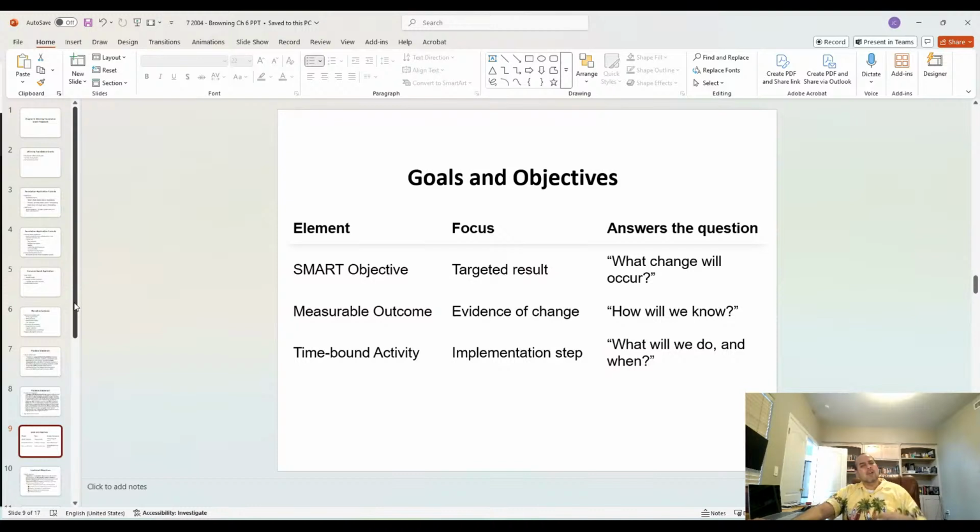You don't have to be a prolific researcher, but you should be able to use a survey, either one that's already constructed or create a short survey that is a pre and post, and be able to measure some outcomes. Okay, then you have time-bound activities, which answers the question, what will we do and when? Okay.